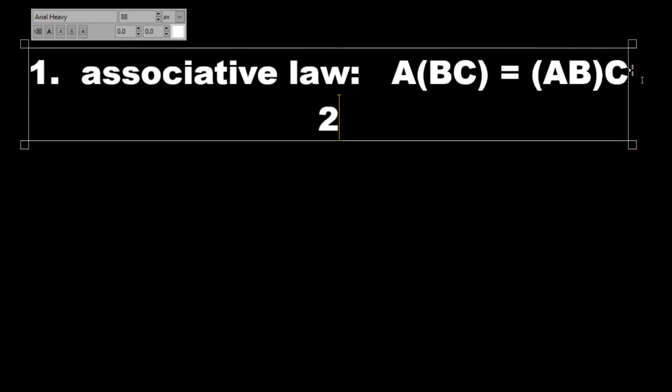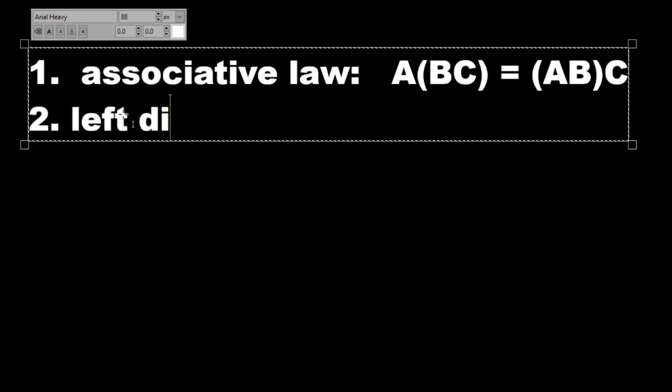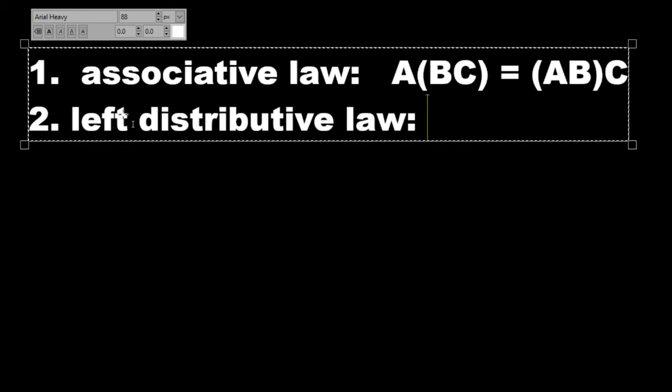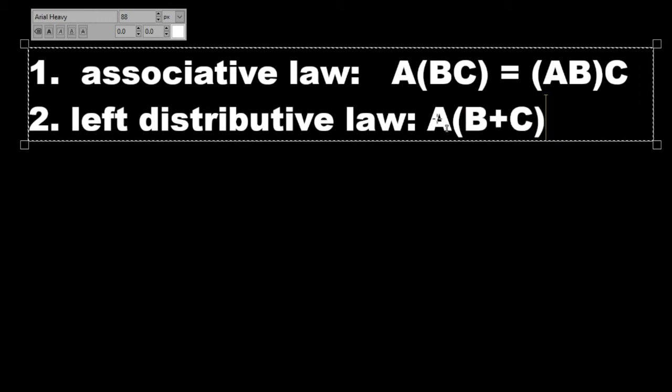Another law, second one, left distributive law, and you might have heard distributive before, but it's A times (B plus C) is equal to AB multiplied together plus AC multiplied together.